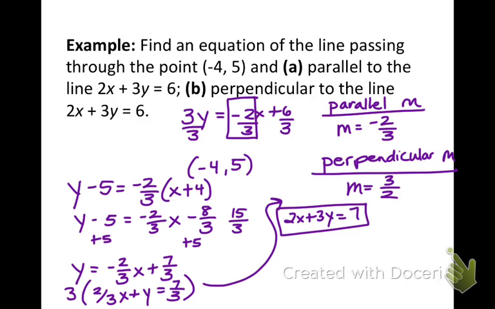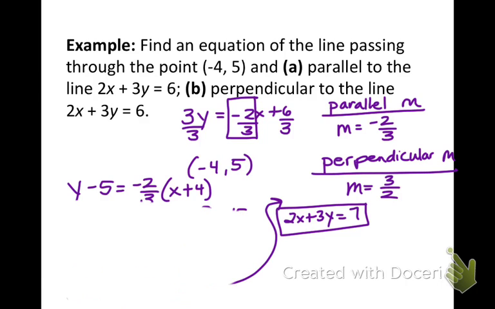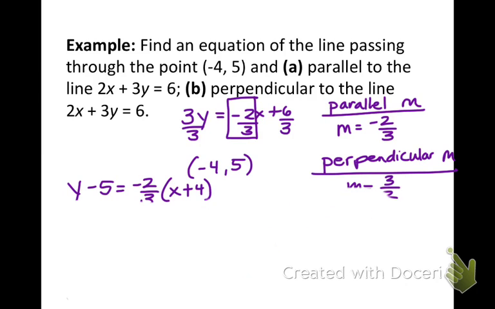So the only thing that's going to change here in this point-slope form is the -2/3 is going to go to a 3/2. So I'm going to erase all this, and plug in a 3/2 there. And just do the same thing. So we have y minus 5 equals 3/2 times (x plus 4).